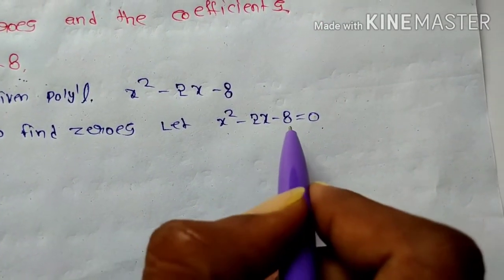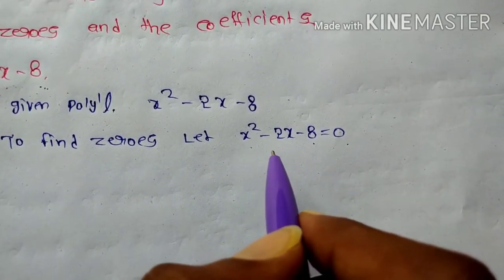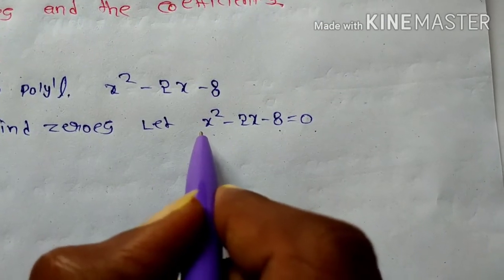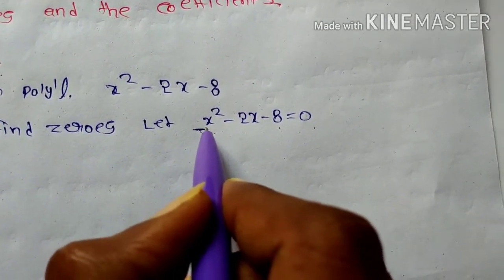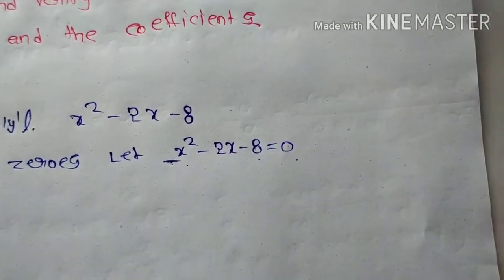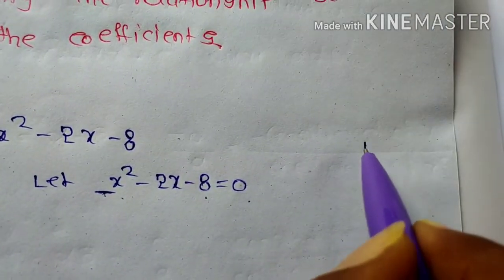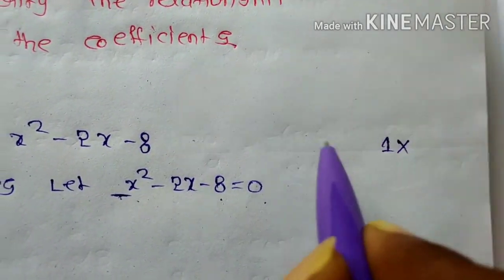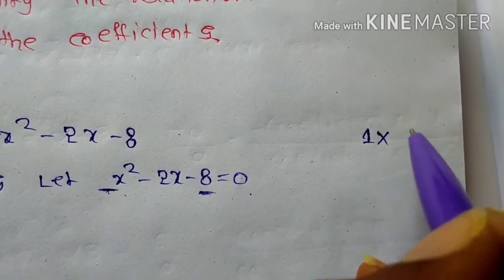See, it is a quadratic polynomial. How can you find the zeros? Just remember here, for any quadratic polynomial, first of all check what is the coefficient of x square. What is the coefficient of x square here? Only 1. You can write there 1 into what is the constant term? You can see here minus 8.